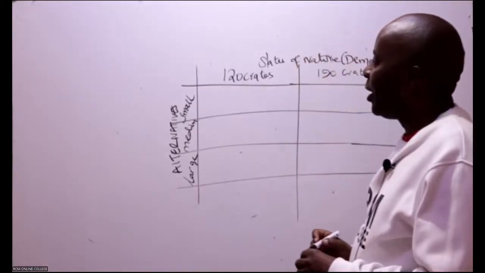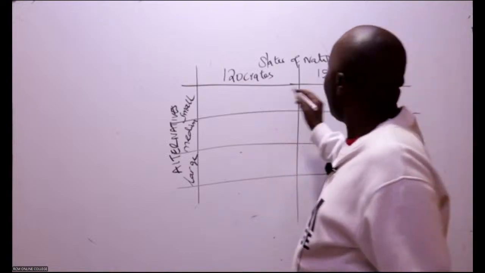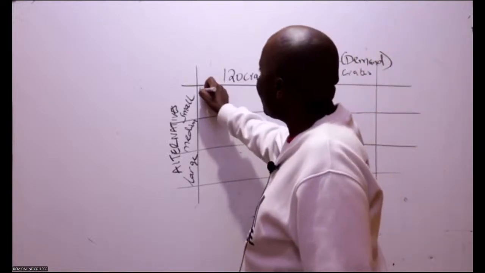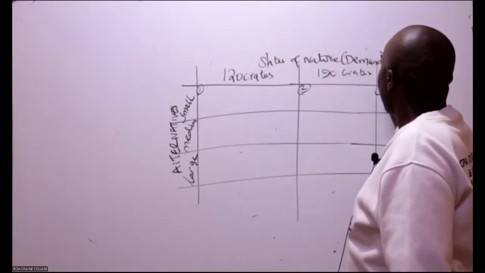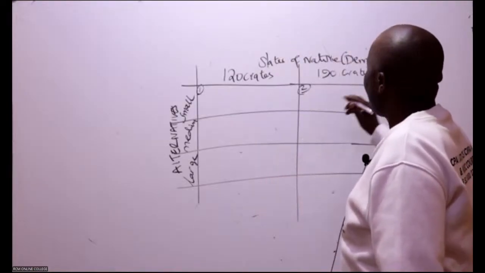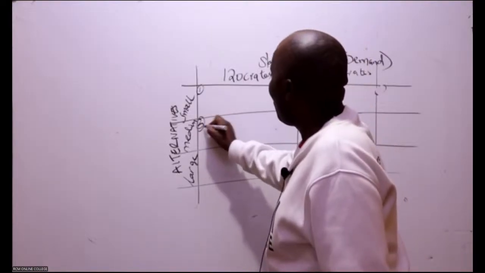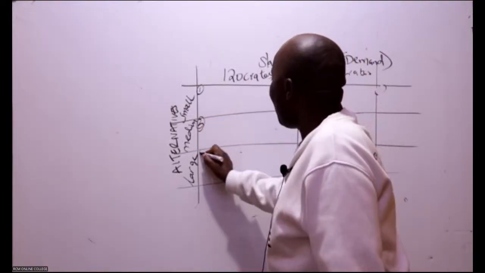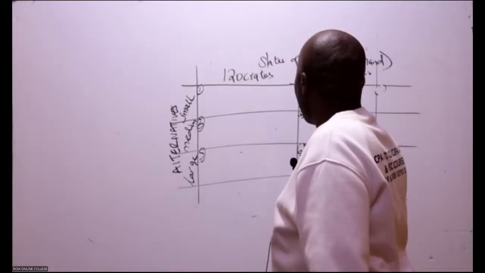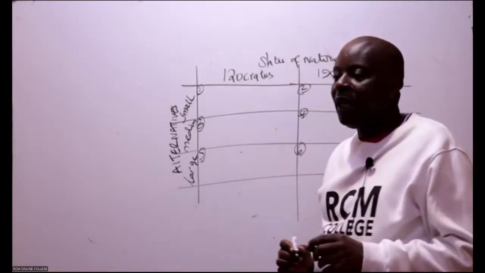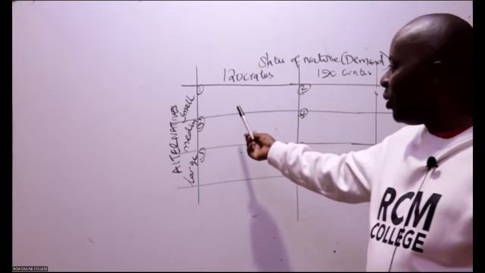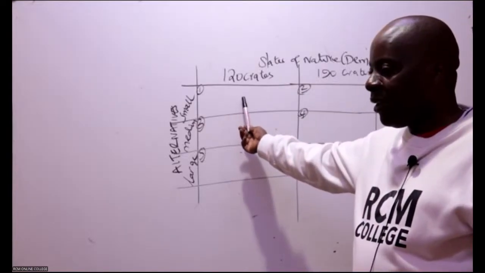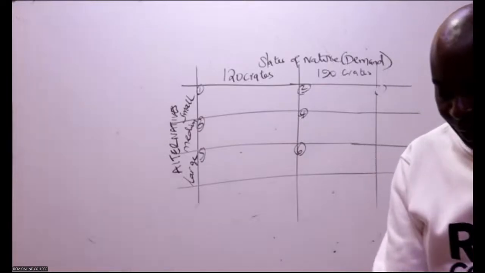So, ladies and gentlemen, we have 6 cells here. We have cell number 1, cell number 2, cell number 3, cell number 4, cell number 5, cell number 6. It's long since I gave any student a present. I would want to see whether there is any student who will be able to give me this profit if cell number 1 is the one that prevails.